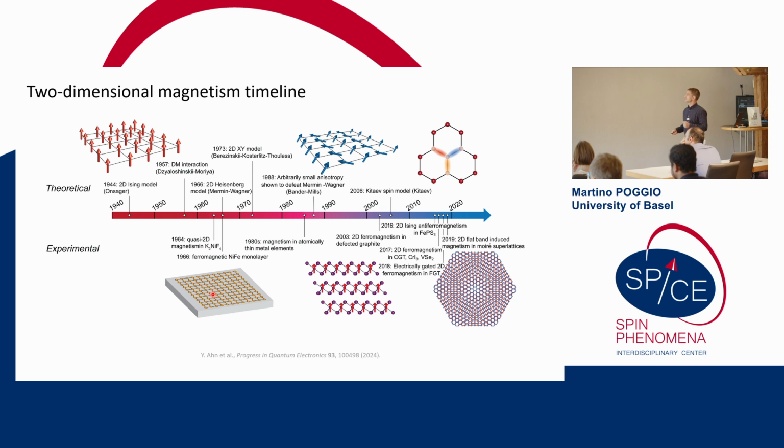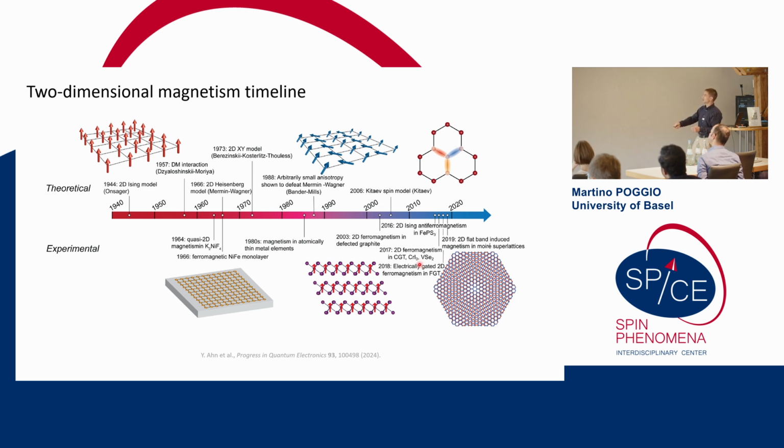But what has changed in recent years is exactly the fact that you can start using van der Waals materials, so materials that are easily exfoliatable on an atomic scale, stacking them together and then looking at their magnetism. That started more or less in 2017 and is a growing field of material science and also physics investigation. And so this is what I want to talk about now.